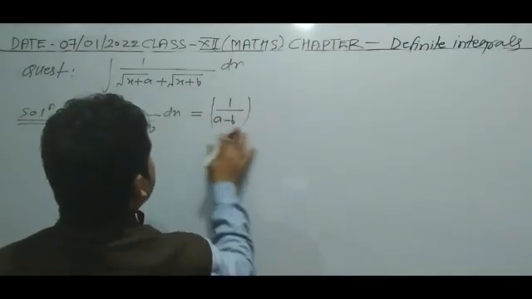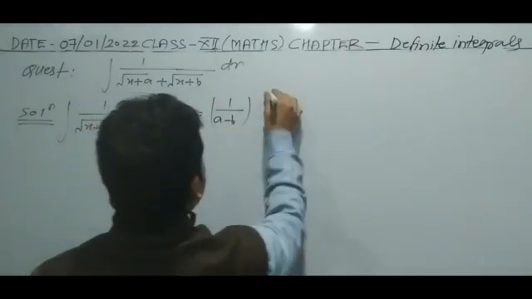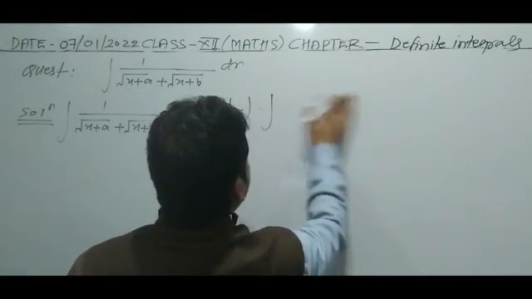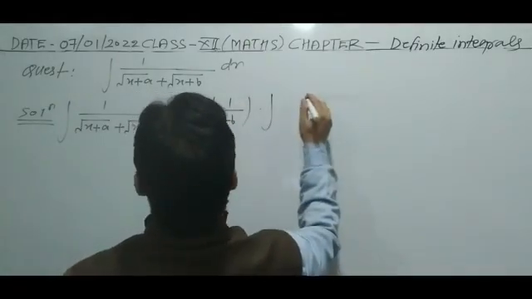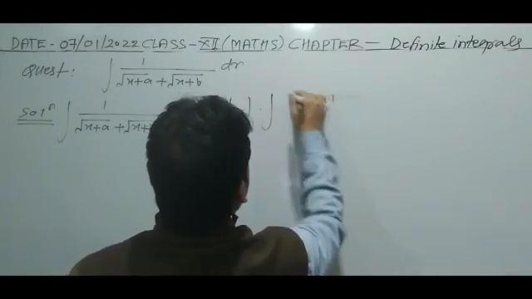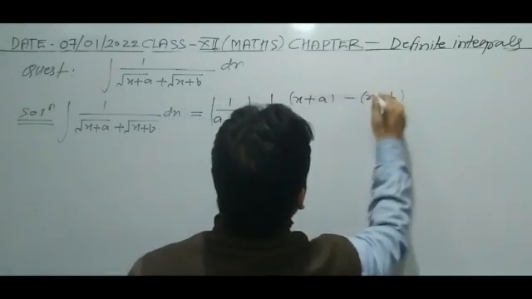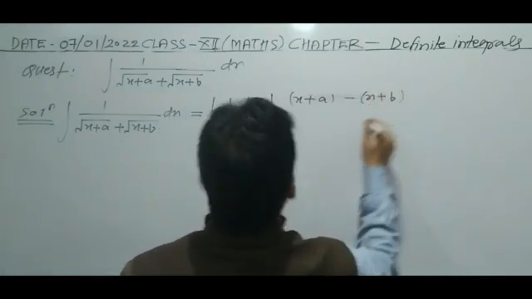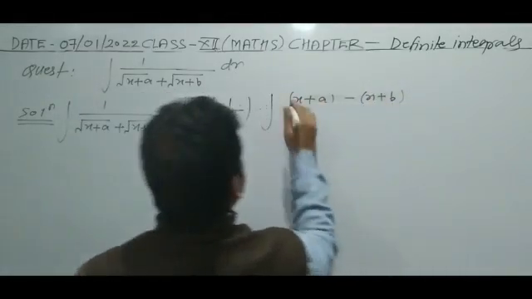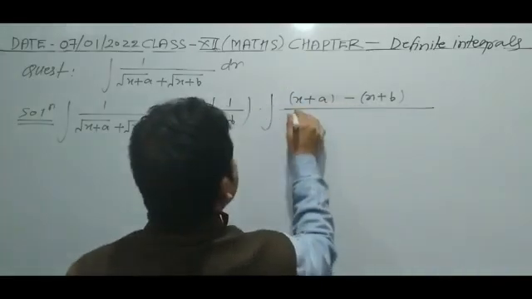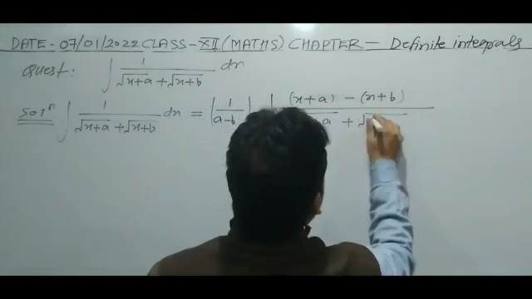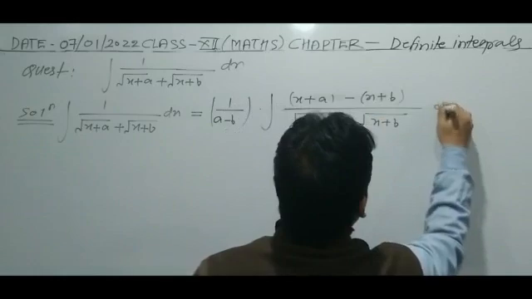I am going to rationalize by a minus b into integration over, and I am writing a minus b in the numerator, so x plus a minus x minus x plus b. After solving you will get the same result, a minus b, over root over x plus a plus root over x plus b, now dx.